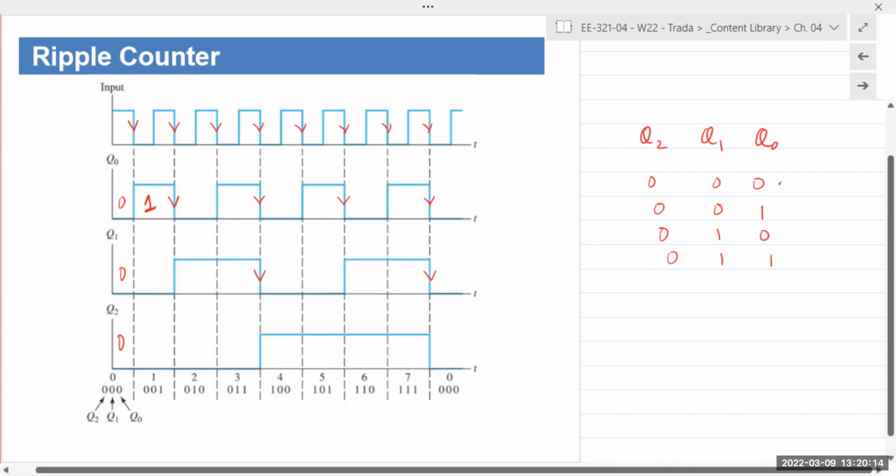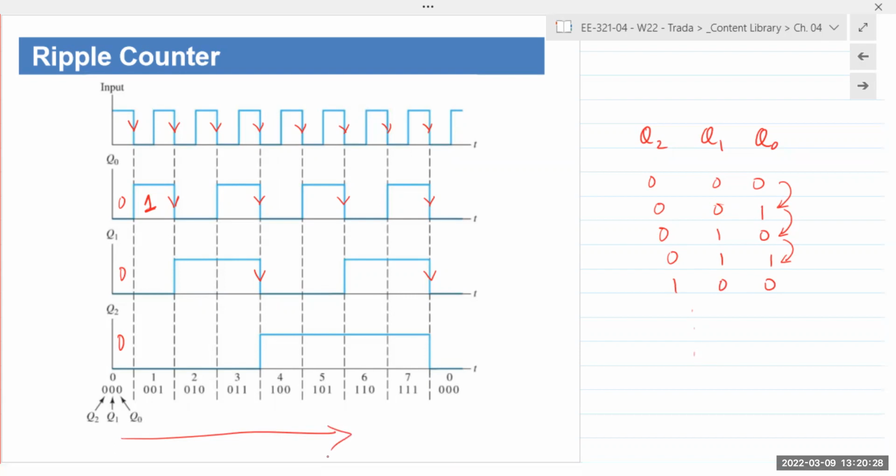It keeps toggling, right? Then 1, 0, 0, and so on and so forth. And that's what that is showing. After it finishes 2 raised to 3, which is 8, with 1, 1, 1 being the 8th count, it resets back to 0.